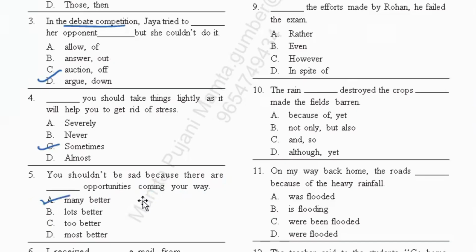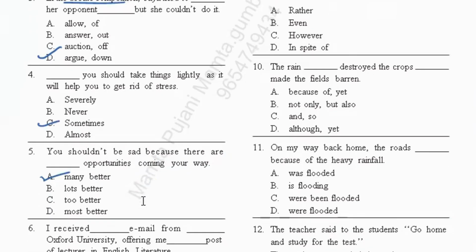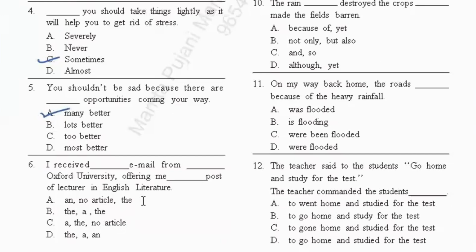Next: I received dash email from Oxford University offering me dash post of lecturer in English literature. Here it should be I received an email, because it begins with a vowel sound. Then, an email from dash Oxford University.